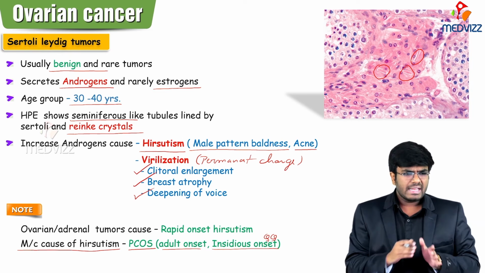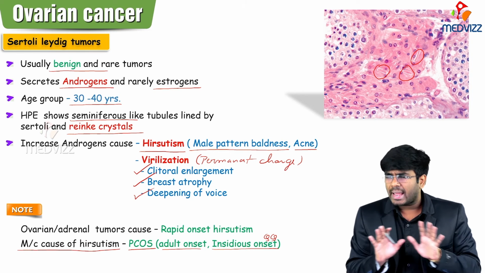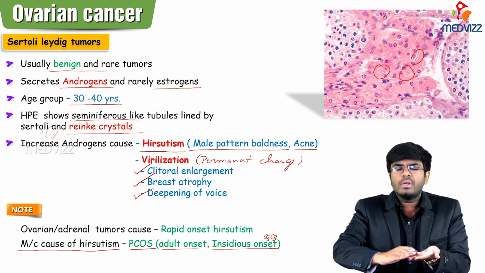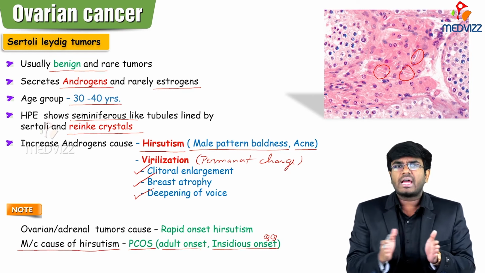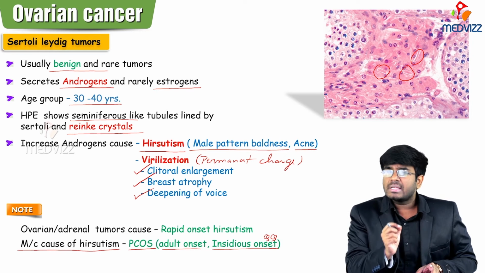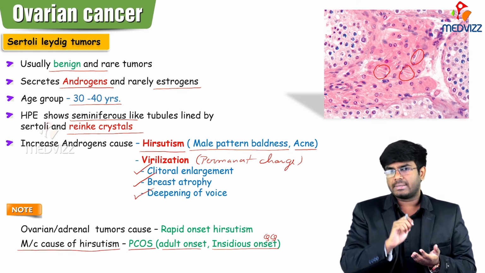Insidious in onset means it's very gradual. It's not rapid onset hirsutism. It slowly takes a lot of time to develop these features. So, hirsutism in PCOS has a gradual insidious onset.